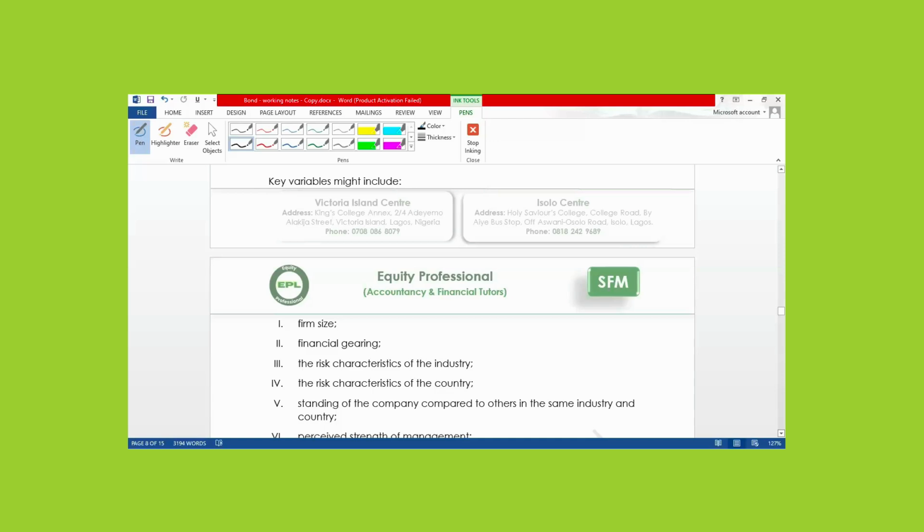Number two, level of financial gearing. When a company is highly geared, or when the financial gearing is high, that can reduce the company's credit rating.